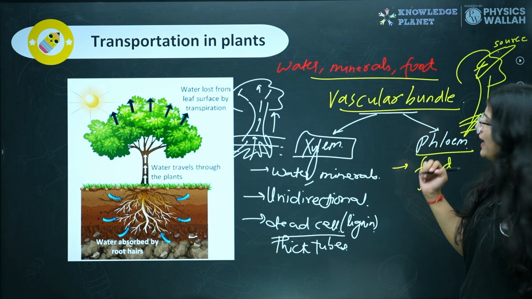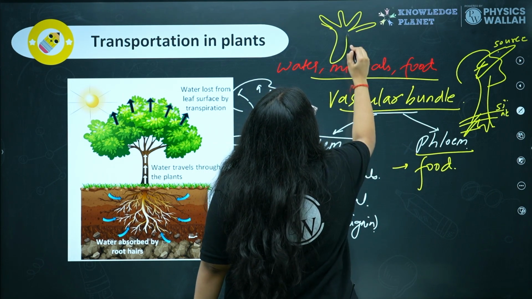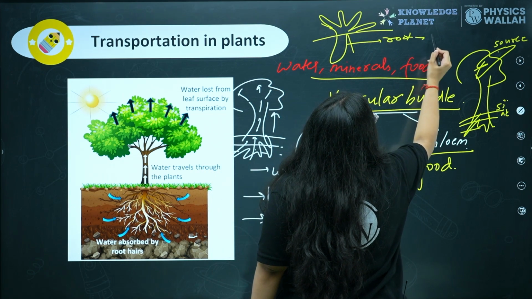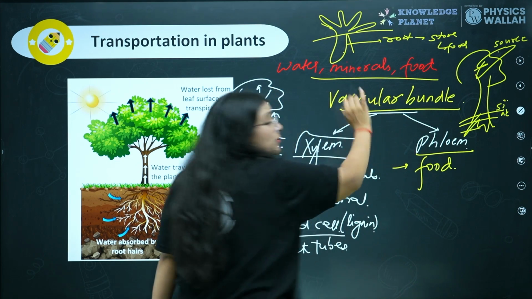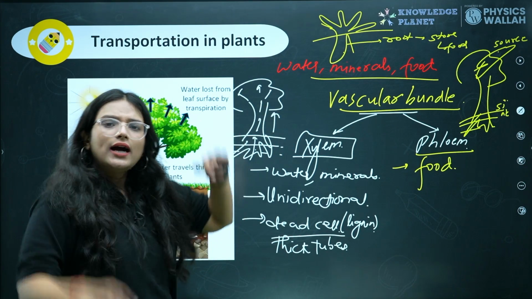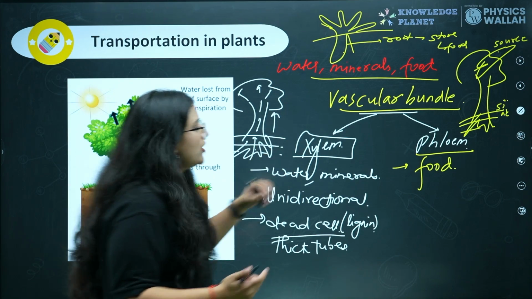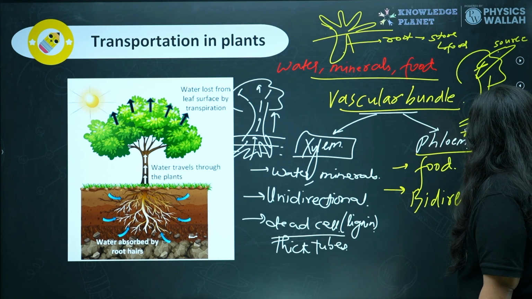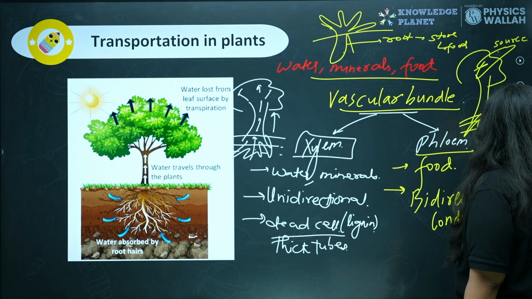Then suppose we have carrots. The carrots are modified so that their roots can store food. The roots will then provide food to other plant parts. So the conduction of food materials can be in two ways. Therefore, bidirectional conduction of food is happening here.